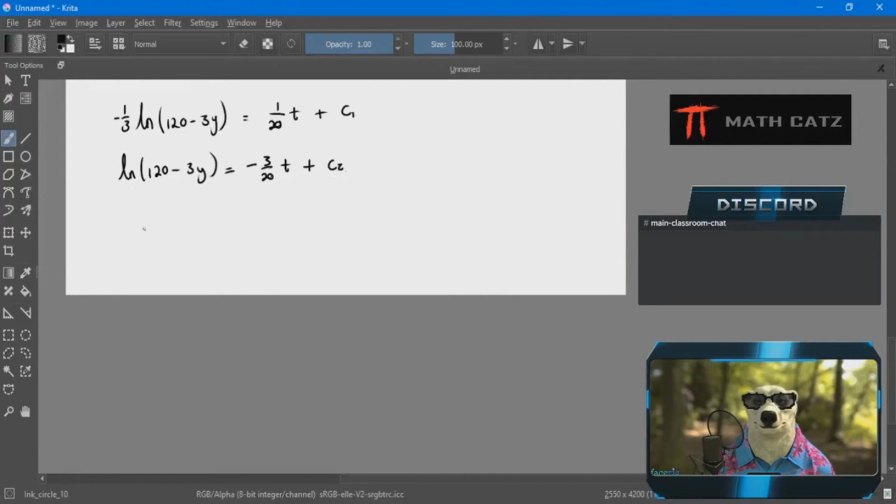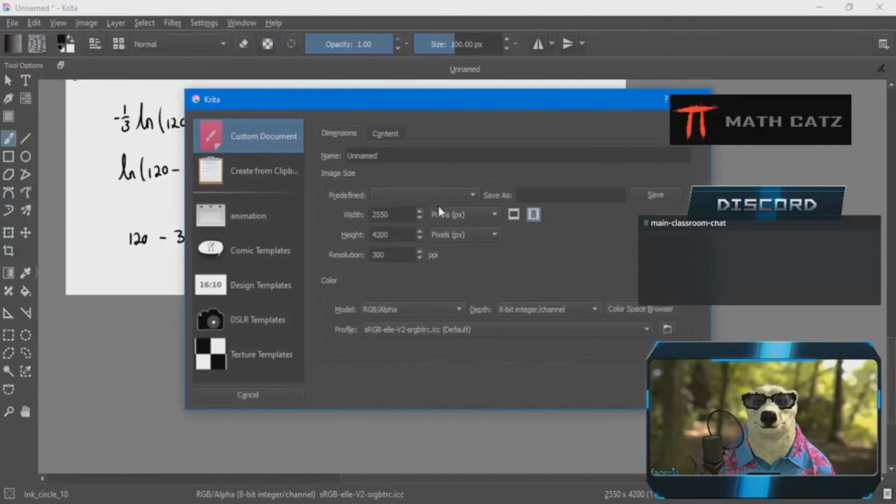Not right now. Then I'll do one more line. 120 minus 3y equals e to the negative 3 over 20t plus c2. And again, we're going to have a more convenient integration constant, as we have done many times before.